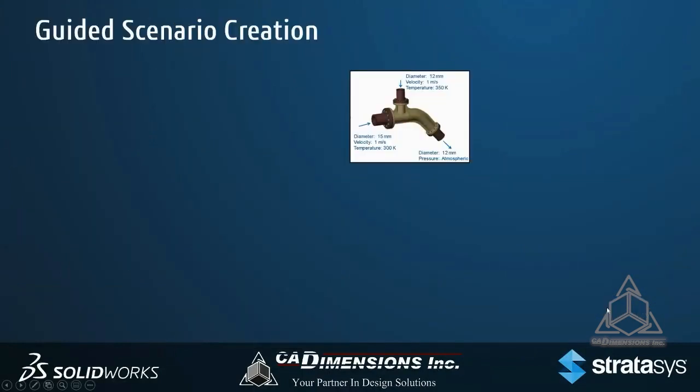The other really nice thing about the platform is this guided scenario creation. One of the things that I don't love about SolidWorks Desktop, there's a lot of things I do love about the desktop program, is that it's a little bit intimidating to get into if you have no knowledge of flow simulation previously, right?